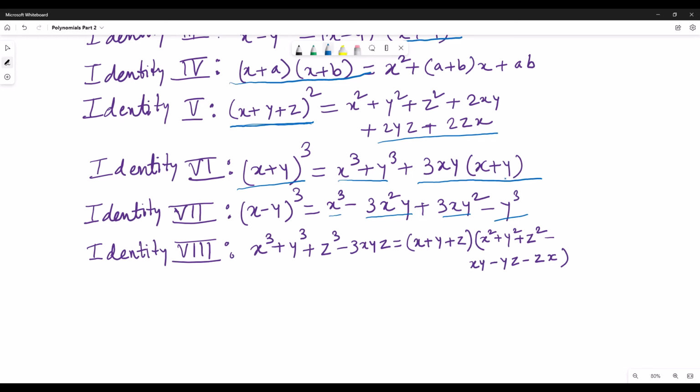And x cube plus y cube plus z cube minus 3xyz is equal to (x plus y plus z) into (x square plus y square plus z square minus xy minus yz minus zx). So this is a very important formula. Like all other formulas you might be remembering, this might be new for you. You have to expand the right hand side and see what is coming.